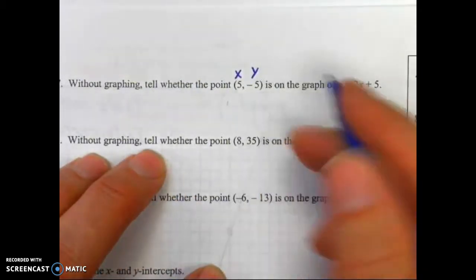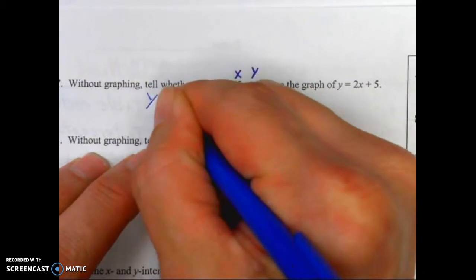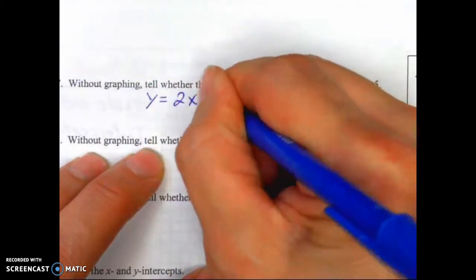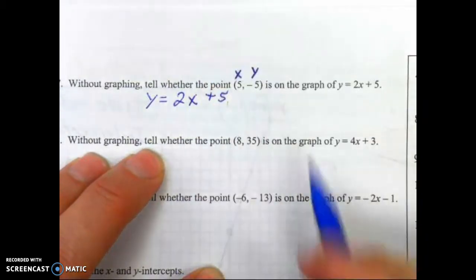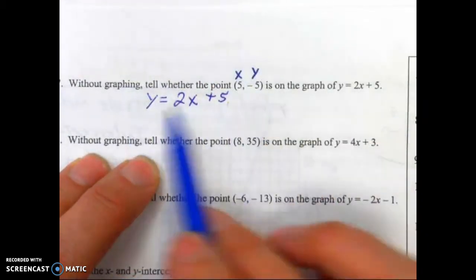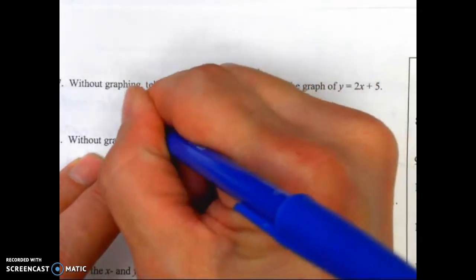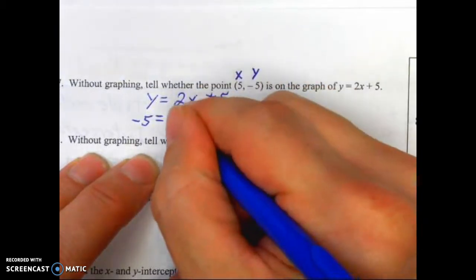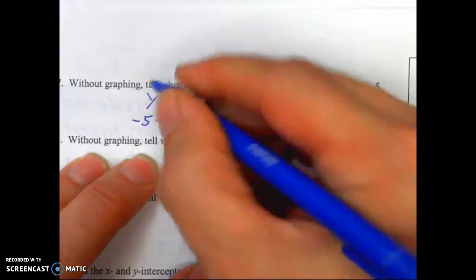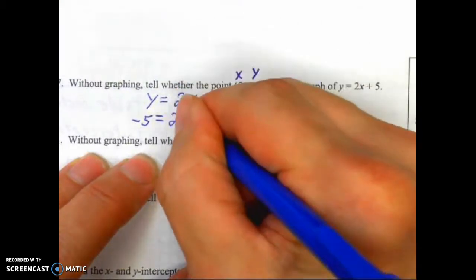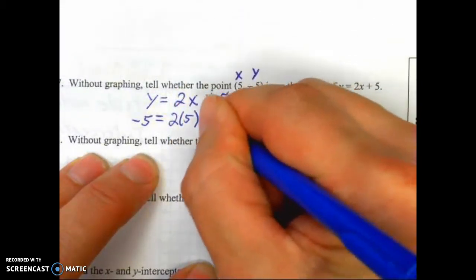All I'm going to do is rewrite it over here: 2x plus 5. And then I'm just going to put these two numbers right where these used to be. So my y is a -5 equals 2 times, and remember you got to know this is times, so I'm going to put parentheses, there's my x, there's a 5, plus 5.